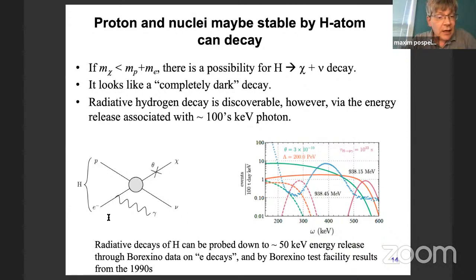And the best experiment to look for it would contain a lot of hydrocarbons, have a low threshold, and be very clean. That brings us to the Borexino experiment and also the Borexino test facility, whose results can be used very effectively to limit this possibility.